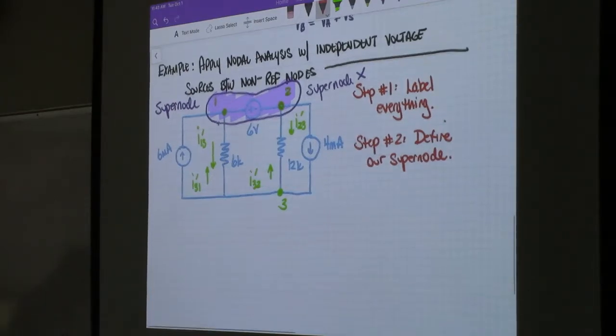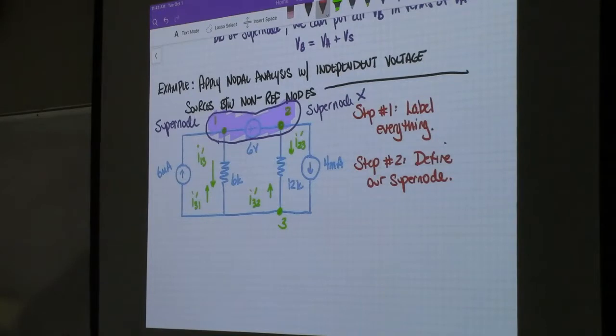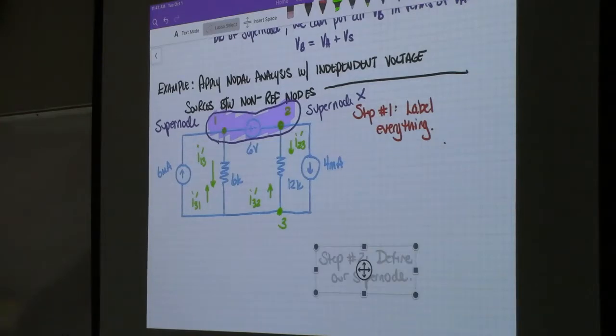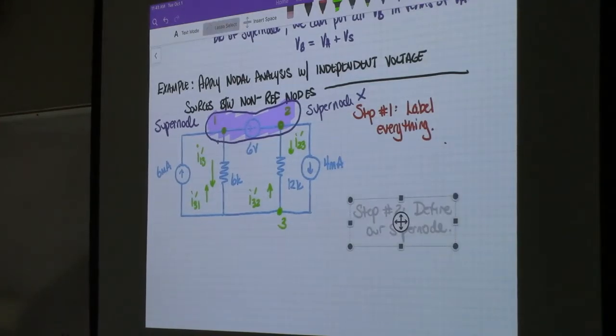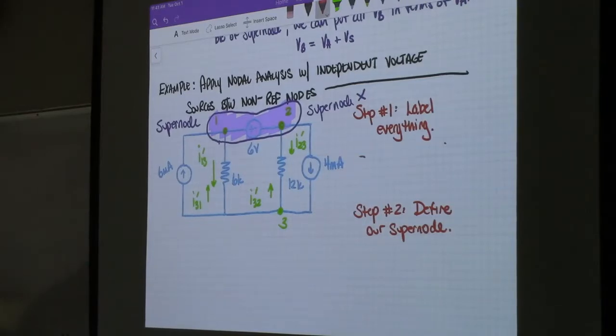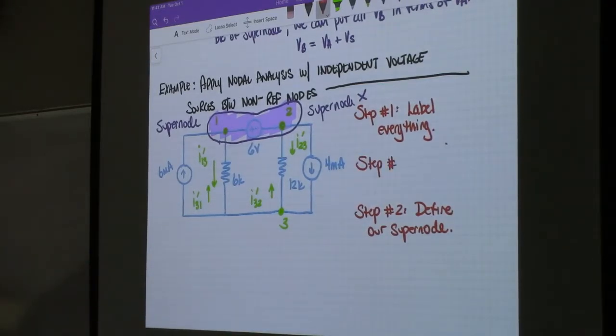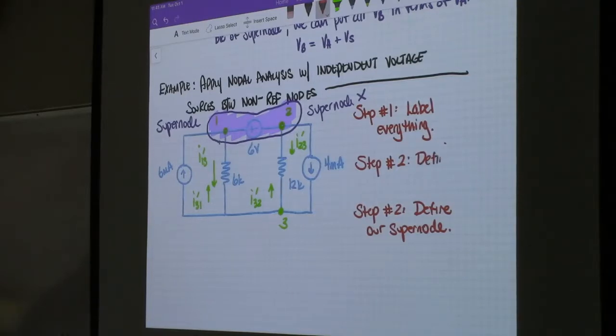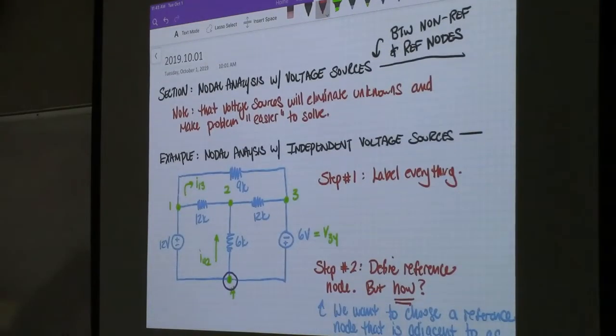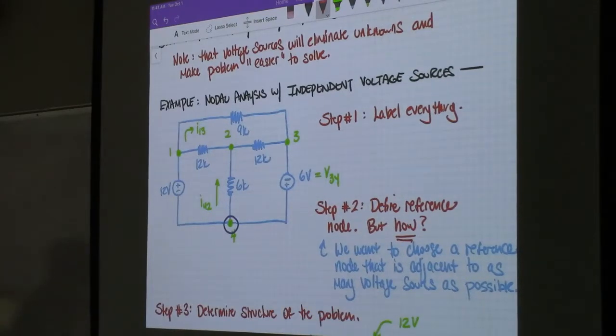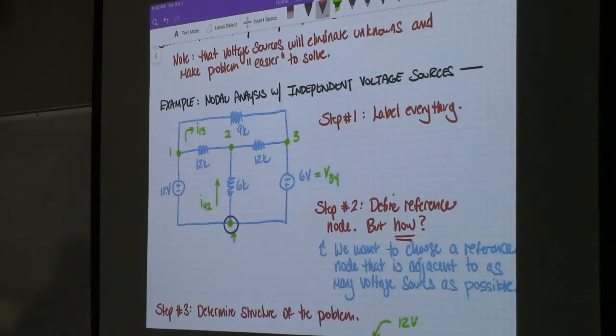Yes, yes. And actually we didn't explicitly state that yet. Let me take this and move this down. Every time we do a nodal analysis, going all the way back to any other example, we always have to define what our reference node is.